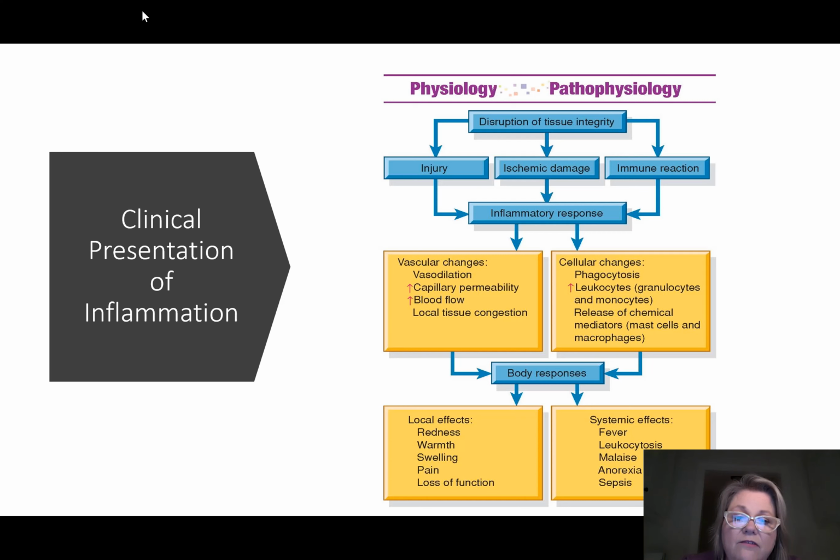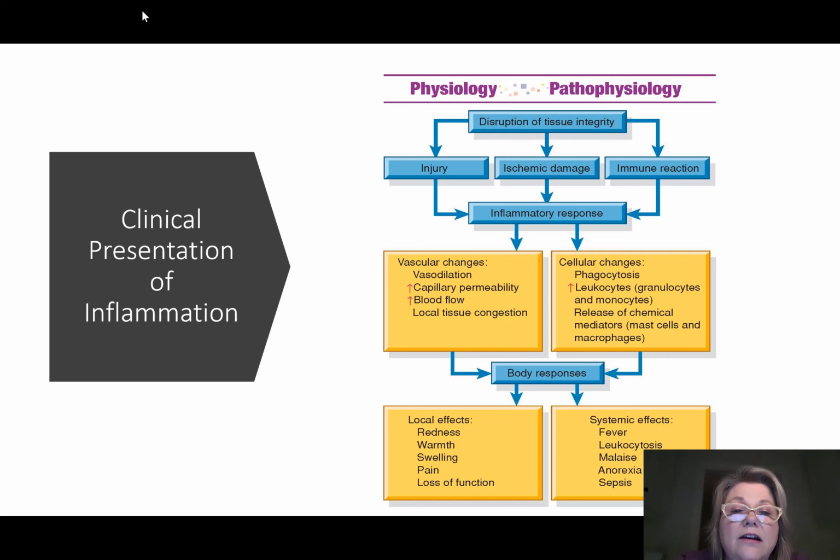Cellular changes: phagocytosis, leukocytes increase, release of chemical mediators, and then your body's response. Your local effects of your five cardinal signs of inflammation. That means it's right in one spot, it's localized, and it's redness, warmth, swelling, pain, and loss of function.